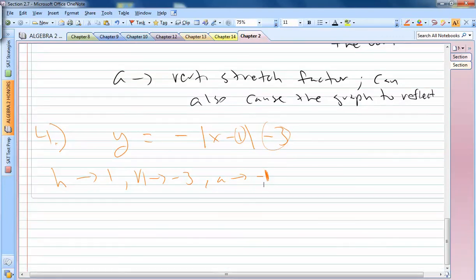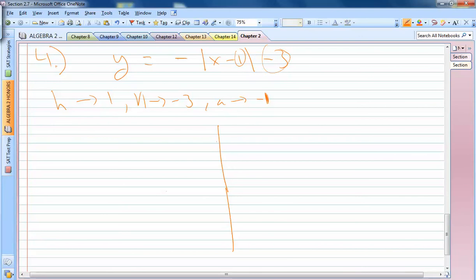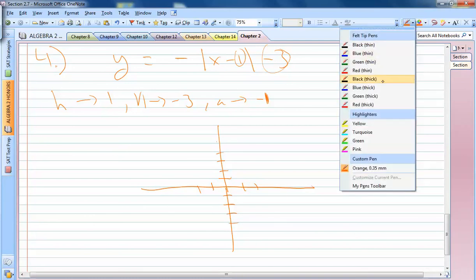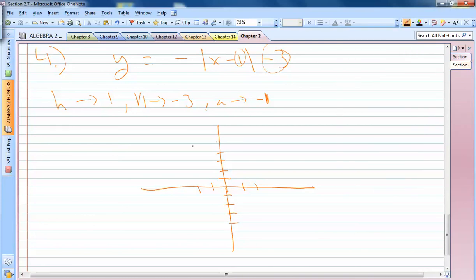So what I can do when I graph this is locate my vertex. So it's at 1, negative 3.